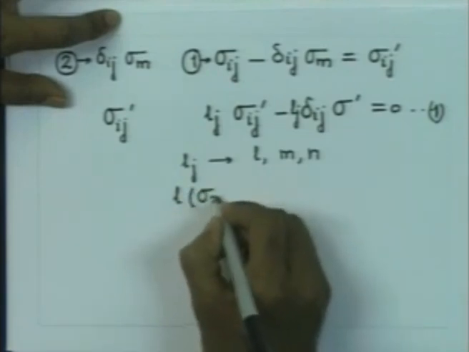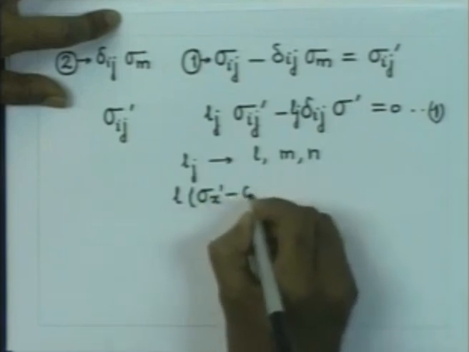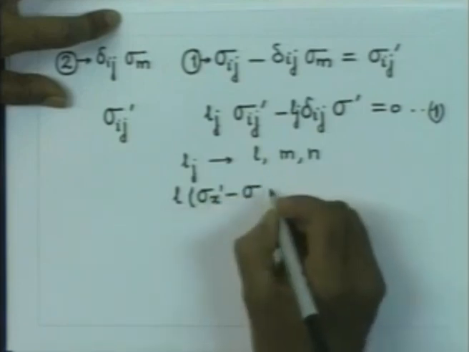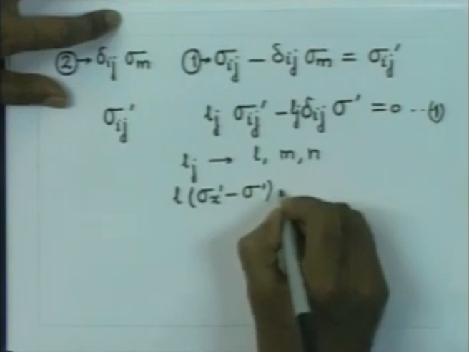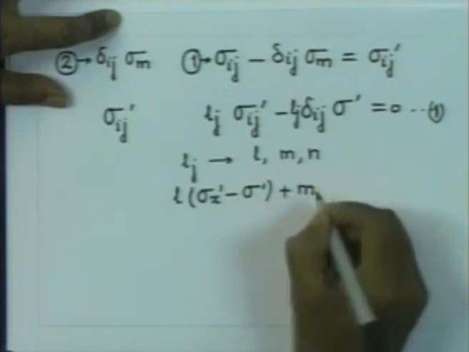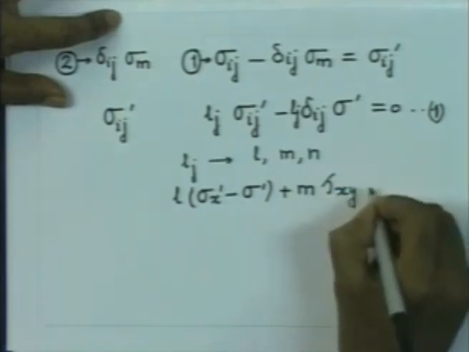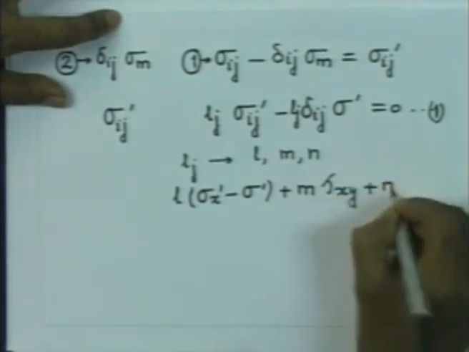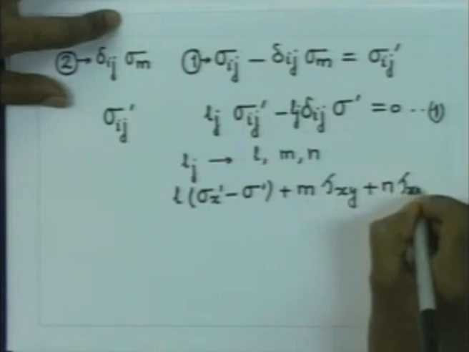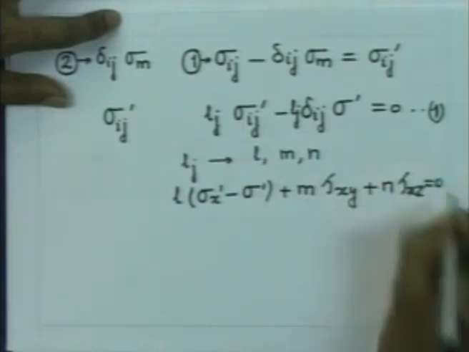l into sigma x dash minus sigma dash, plus m into tau xy plus n into tau xz equal to 0.